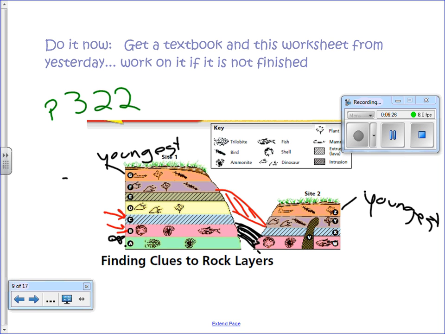Now, do you think G and Z are the same age? Or is G younger because it's higher up? What do you think? Yeah, I think they're implying by making them both orange that they are the same age. Because if you look at the fossils, what do we have?